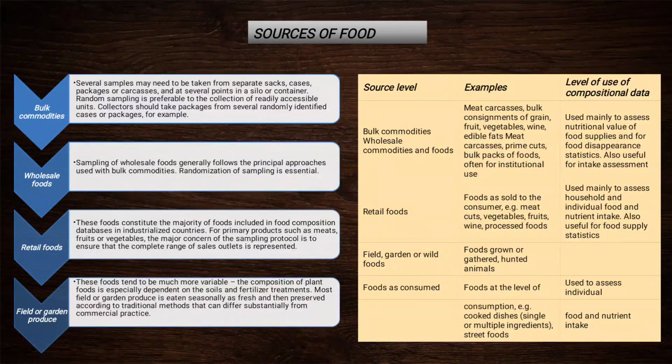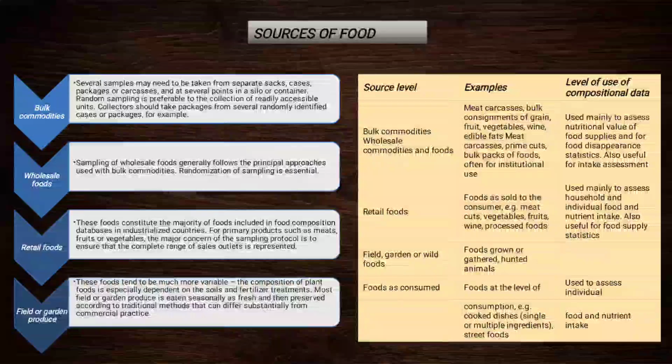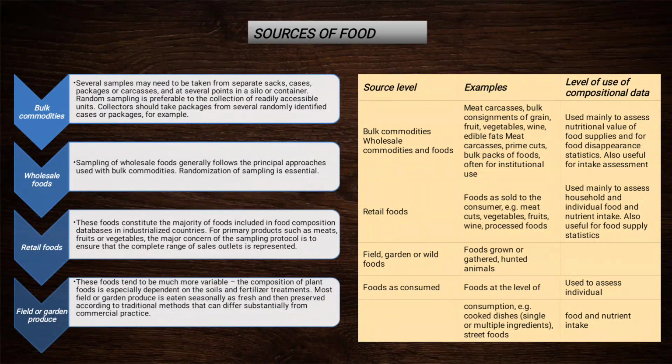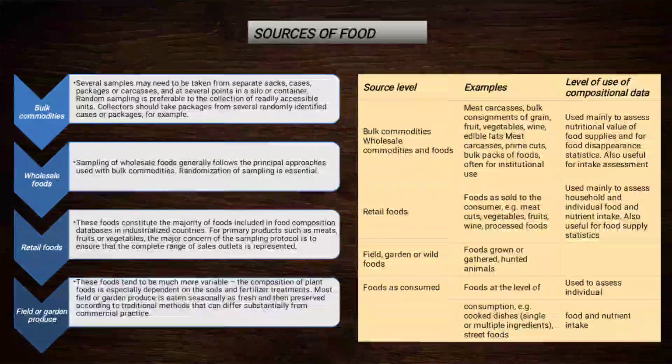Retail food includes food sold to the consumer, for example meat, vegetables, processed food, and is used mainly to assess household and individual food and nutrient intake. Next, field, garden or wild foods include food grown or gathered, hunted animals. If food is consumed, it is used to assess for the individual.